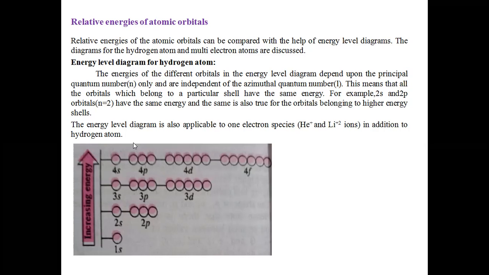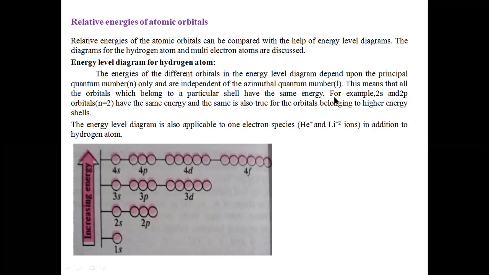This means that all the orbitals which belong to a particular shell have the same energy. See the example and you will understand.